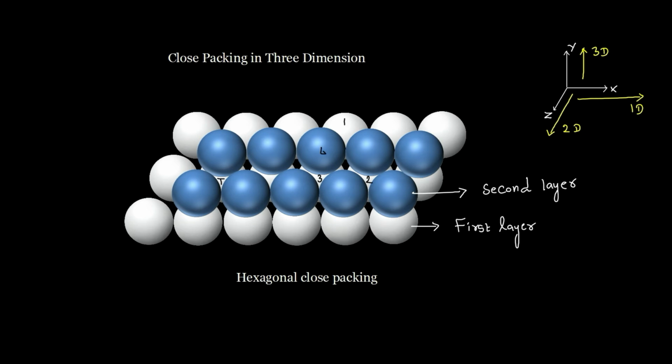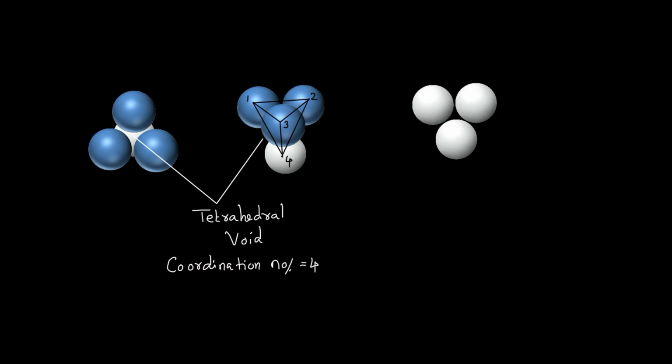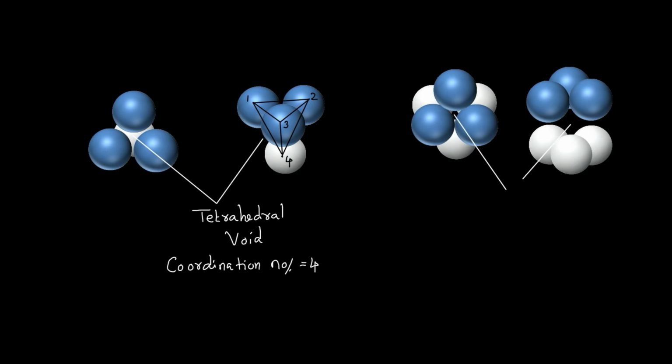The second type of void is called an octahedral void, which is present in between 3 atoms of the first layer and 3 atoms of the second layer. It is surrounded by 6 atoms like this. So it is called an octahedral void, because it is surrounded by 6 atoms, and if you connect all the 6 atoms you get the shape of an octahedron.